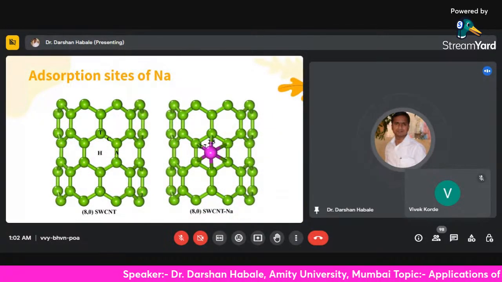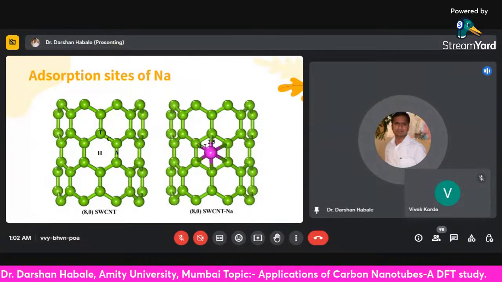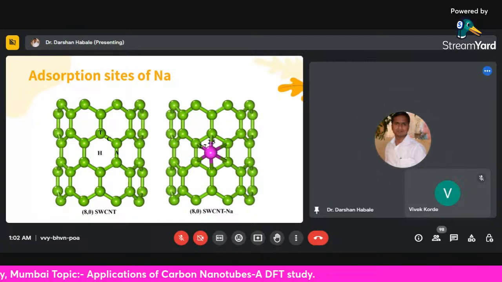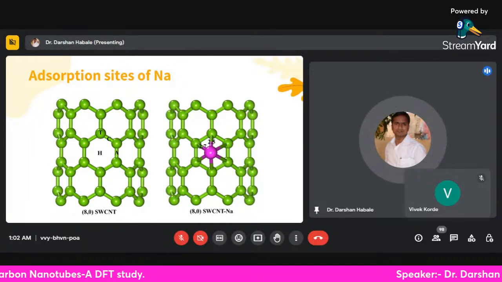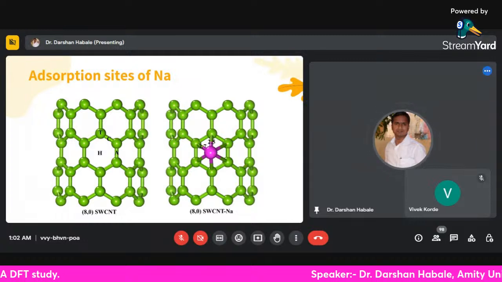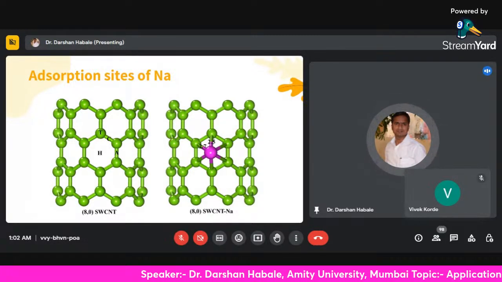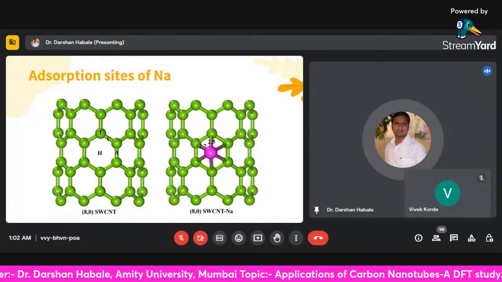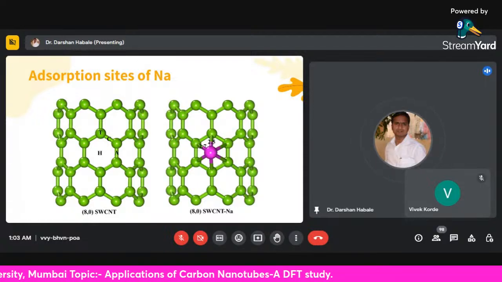Initially we started our work with graphene. We tried to adsorb the hydrogen molecule, not atom, on the graphene. But pure graphene is not able to adsorb that. The adsorption binding energy for graphene and hydrogen is found to be very small.